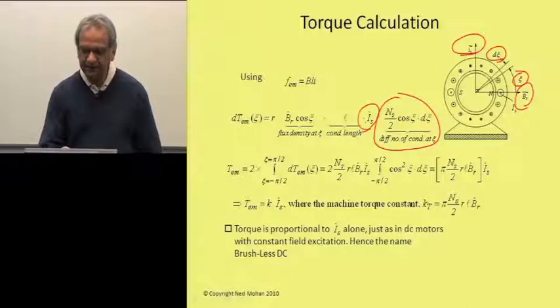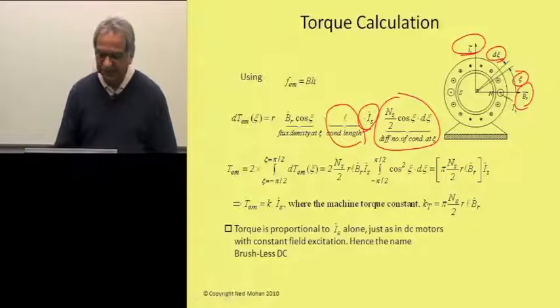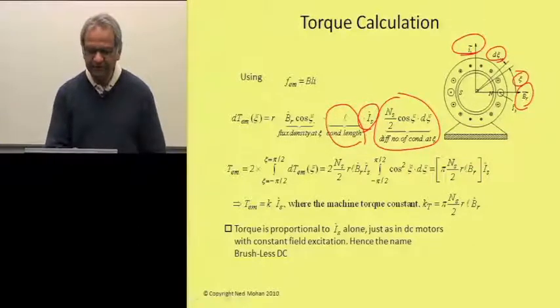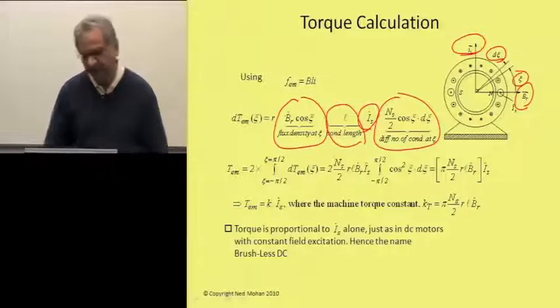The current is I_s hat. The length of this machine, let's say, is L. So that's the conductor length. And the flux density at zeta in terms of its maximum B_r hat is this here.